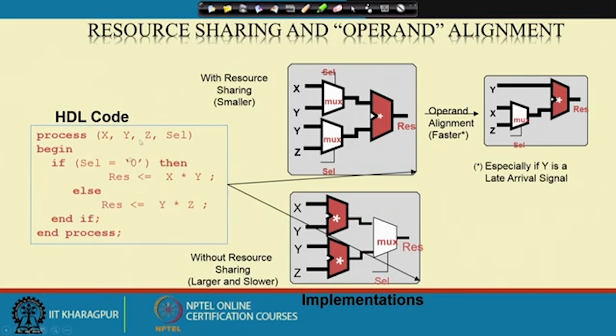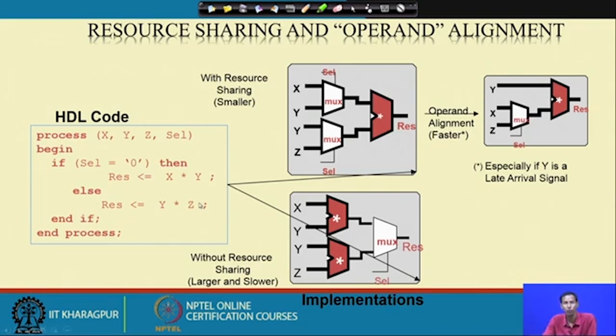The direct implementation of this code is: x star y and y star z are computed, and then I need one mux whose select signal is select. If it is 0, it selects x multiplied with y at the output, otherwise it selects y multiplied with z.